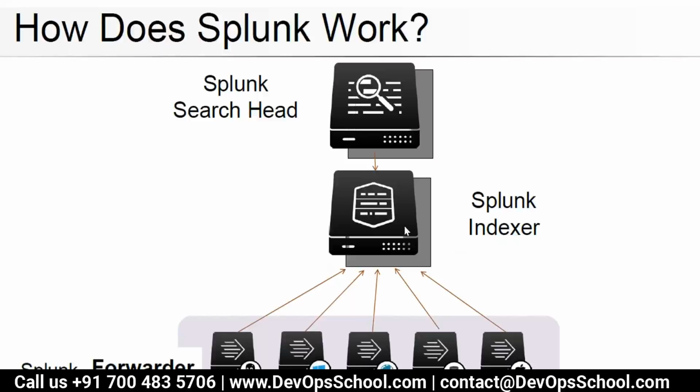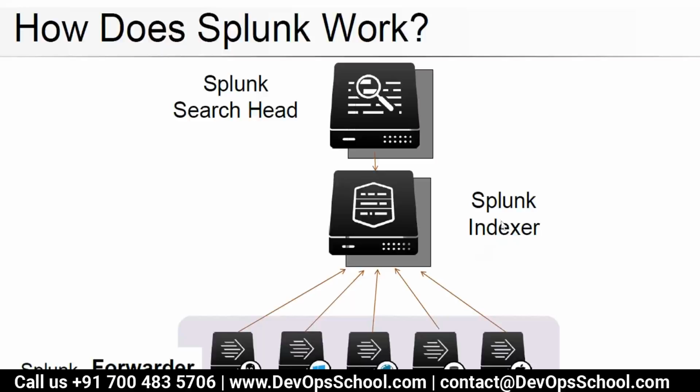We can say the indexer is the heart of Splunk. When the data comes from all the forwarders to the indexer, it parses the data, extracts it, makes fields and creates knowledge objects. The name tells you that the object will contain some knowledge, and it will store the data.